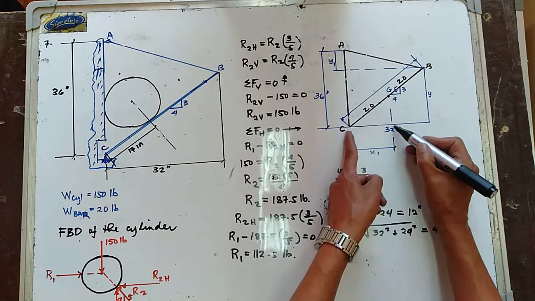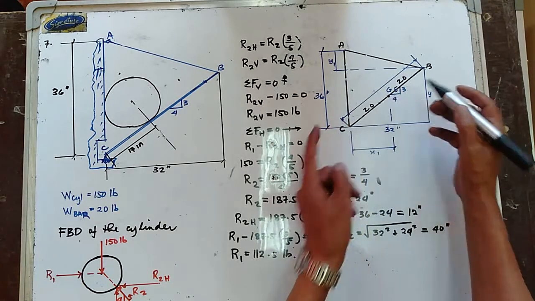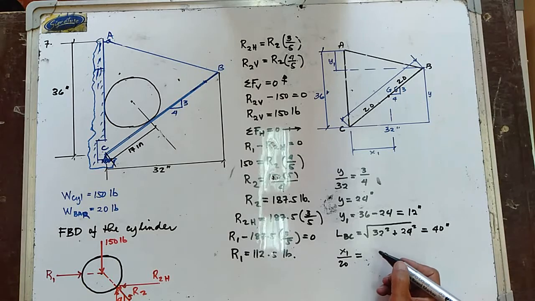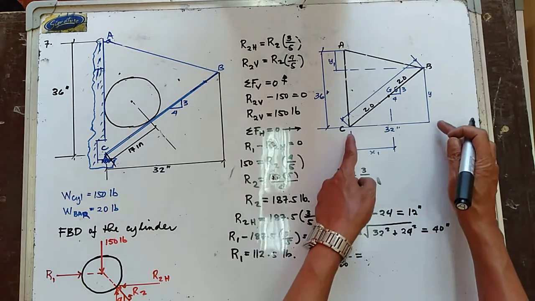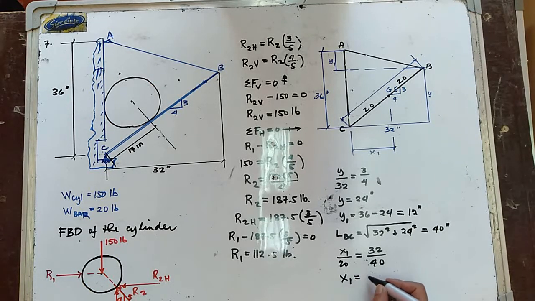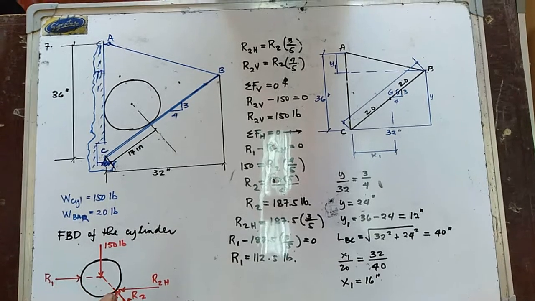So x1 is to 20 is equal to 32 is to 40. So your x1 is now equal to 16 inches.